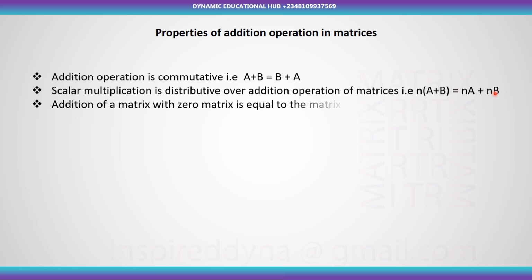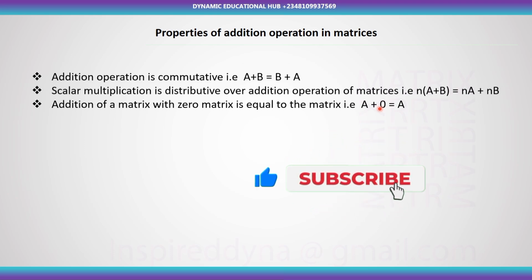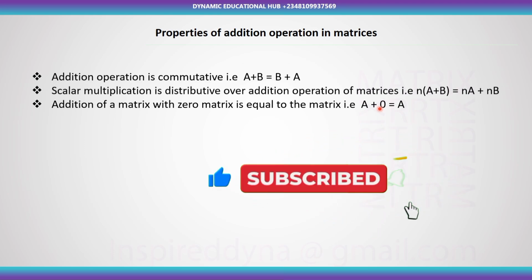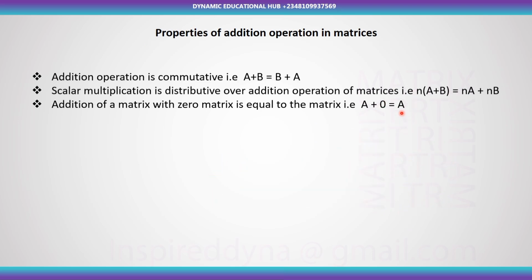The next one is addition of matrix with zero matrix is equal to the matrix. I talked about zero matrix in my first video, which was about a year ago. When you have a matrix and you add it with a zero matrix of that matrix, maybe you have a 2 by 2 matrix and you add it with a zero matrix of 2 by 2, you still get your 2 by 2 matrix, you still get the same answer.